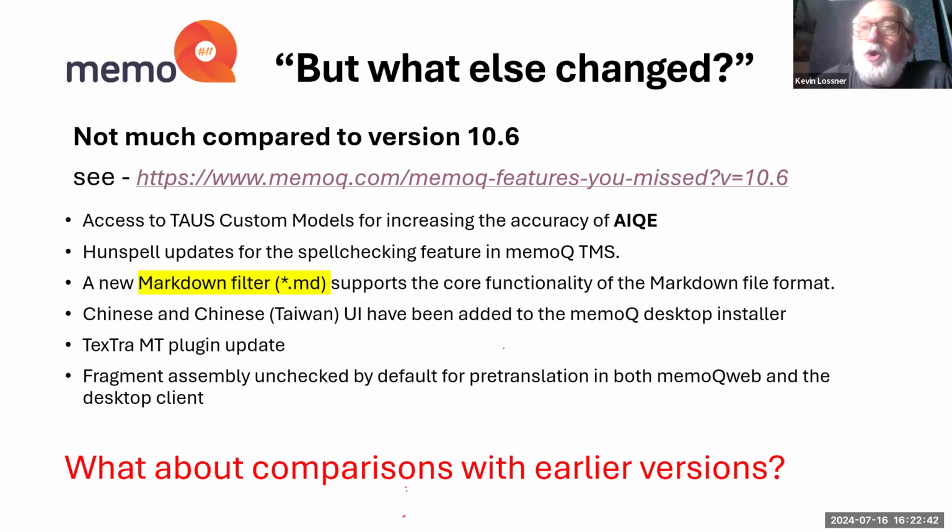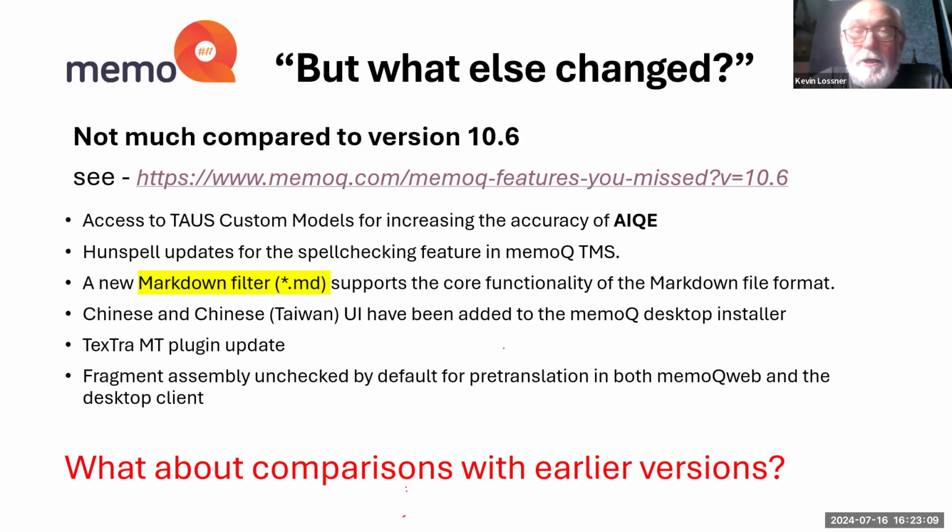For those who work with Chinese or have friends or colleagues whose native or working languages include Chinese, there are now 2 versions of the memoQ desktop software installer in versions of Chinese for the mainland and also for Taiwan.